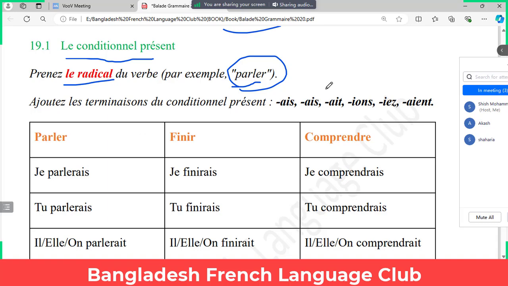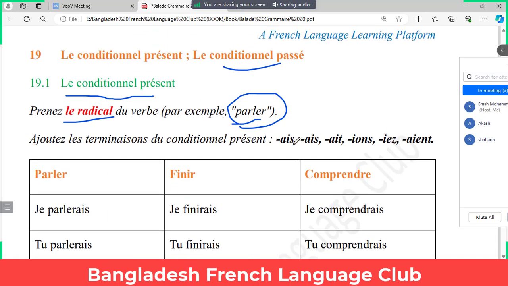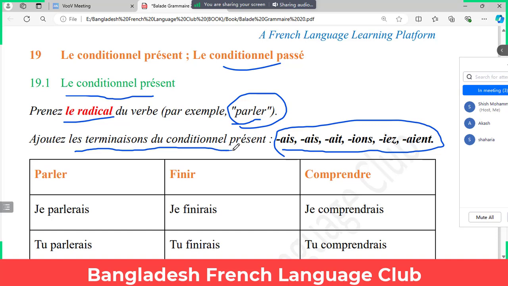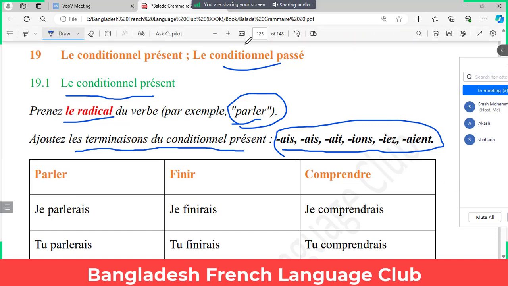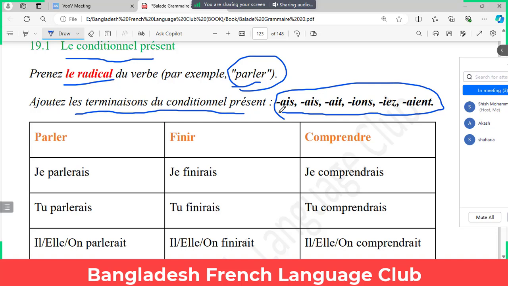Then we add a termination. Ajoutez les terminaisons du conditionnel présent: AIS, AIS, AIT, IONS, IEZ, AIENT.